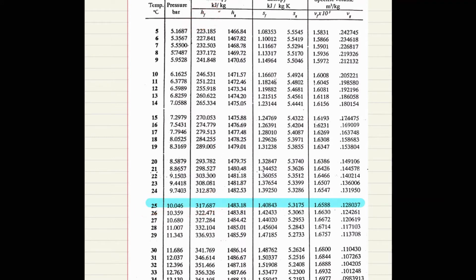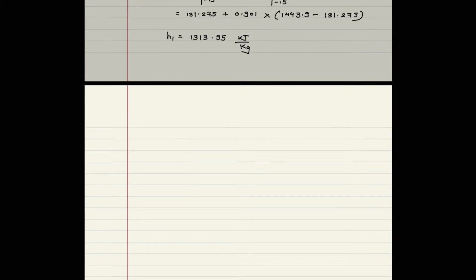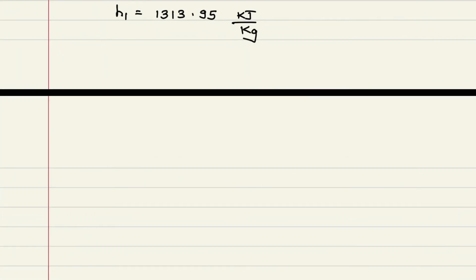So I'll write down H3 equal to H4 is equal to Hf at 25. We read that value as 317.687 kilojoule per kg. We have calculated all the enthalpies.